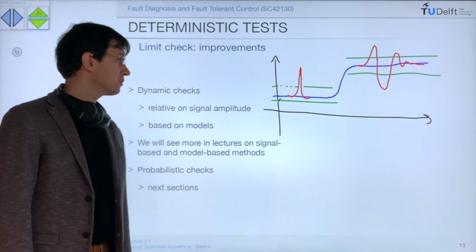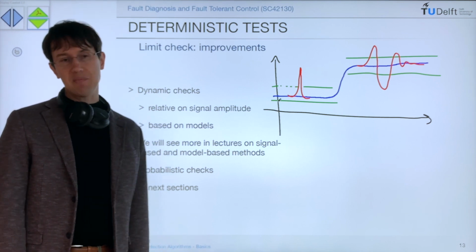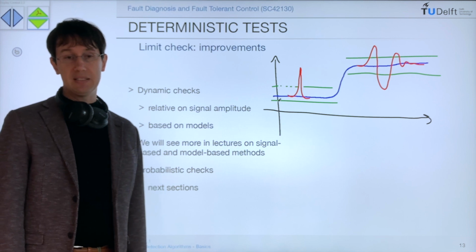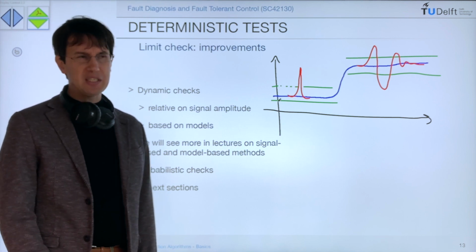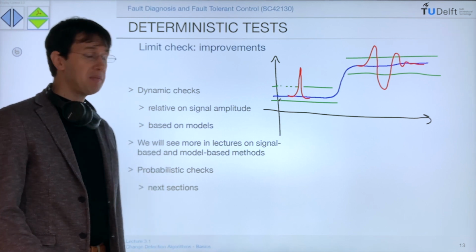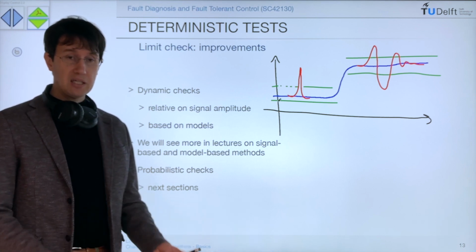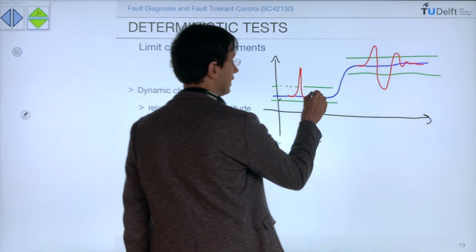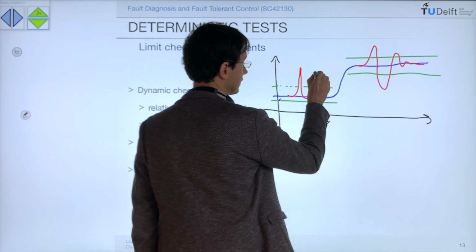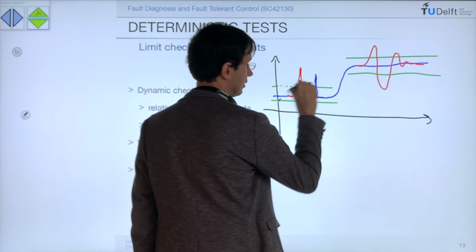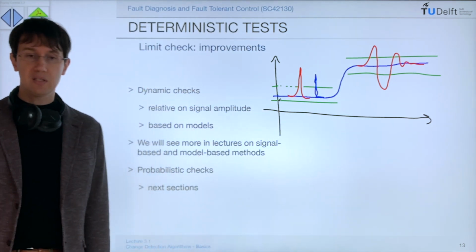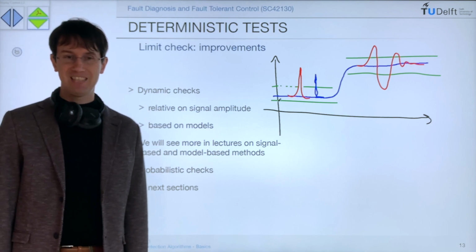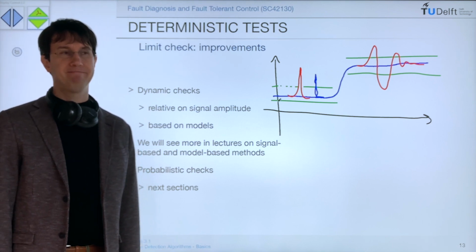But there is also another limitation in the limit check approach that we didn't stress enough. The limitation is, let us assume you have a single sample that is out of the bounds. How do you classify that?